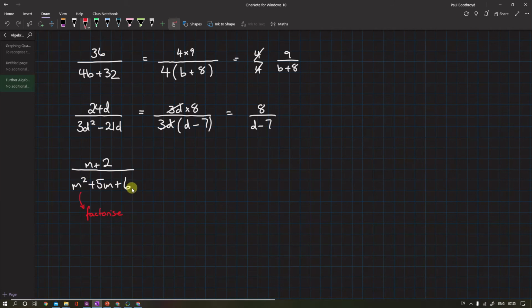Well, the denominator of this one, by looking at the numbers, we're looking for 2 brackets, each beginning with an m for the m squared. We want numbers that will give me a product of 6 and a sum to 5.